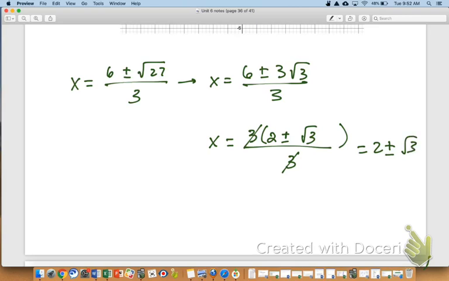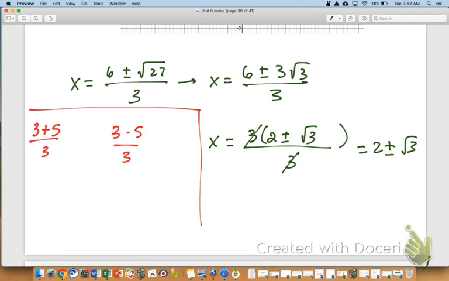The way I like to think about it is this. As far as why this is true, check this out. Let's go 3 plus 5 over 3 versus 3 times 5 over 3. Clearly these are different, aren't they? Over here you would say, well, the 3's would cancel out. I get 5.